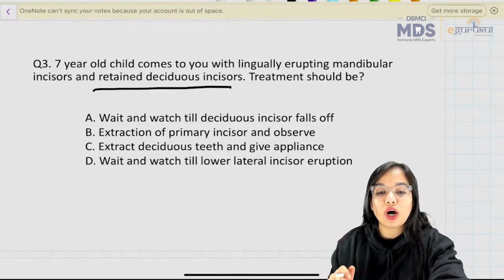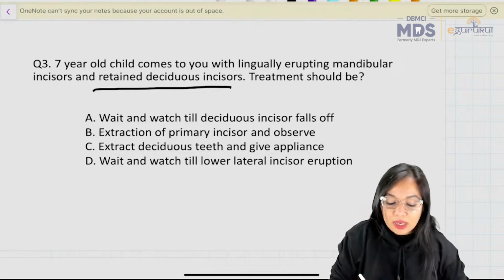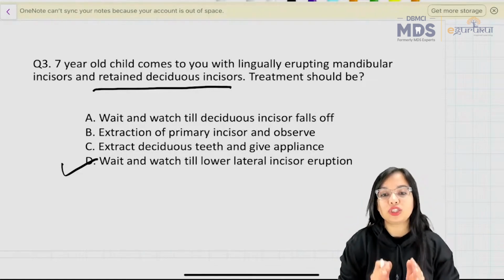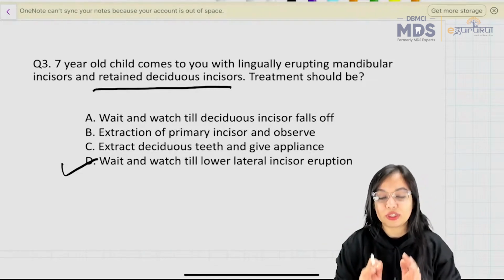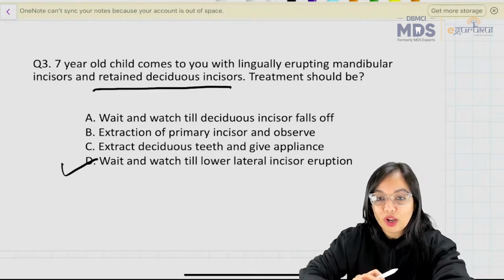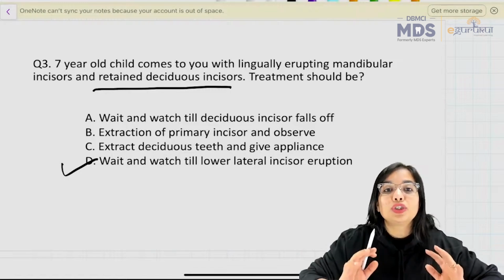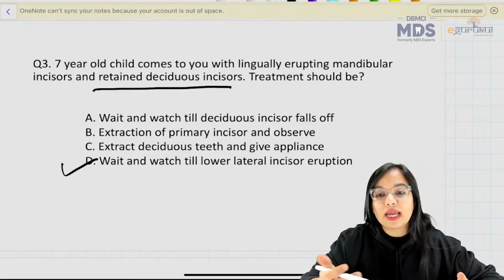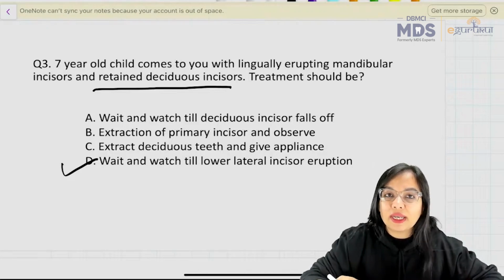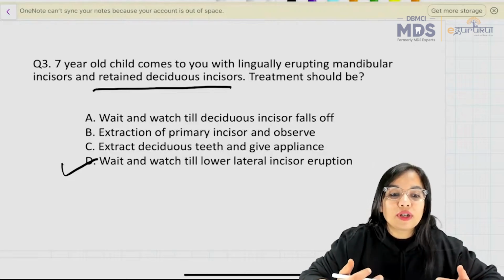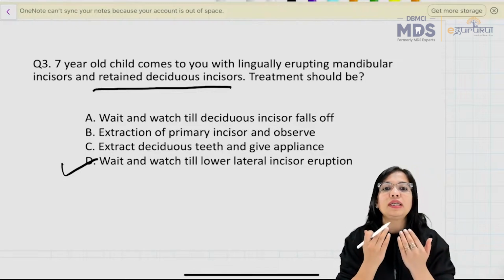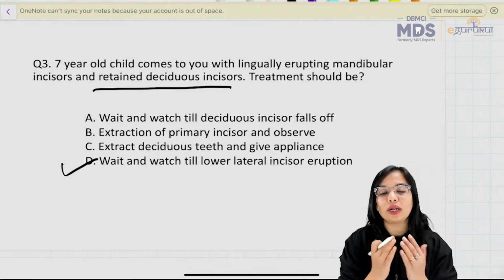So the answer here is option D, that is wait and watch till the lower incisor eruption occurs. What generally occurs is that the majority of lingually erupting lower central and lateral incisors are self-correcting. That is the pattern of eruption. The lower incisors have a tendency of erupting a little backward, in a lingual direction.